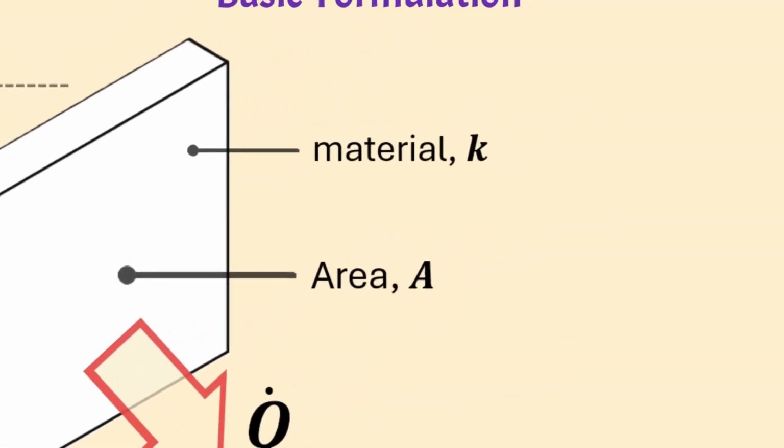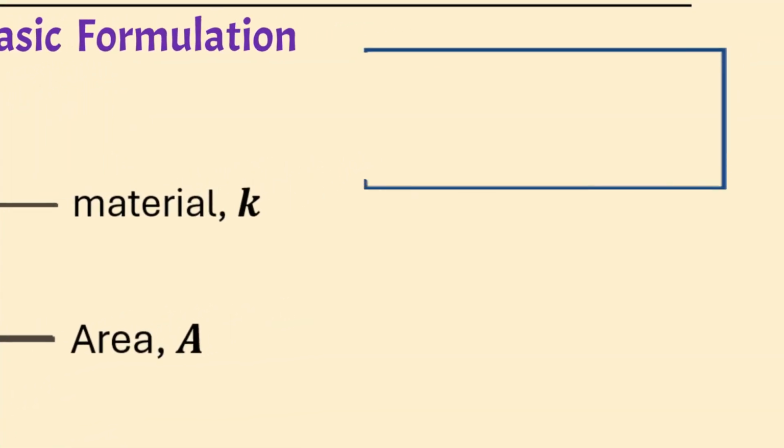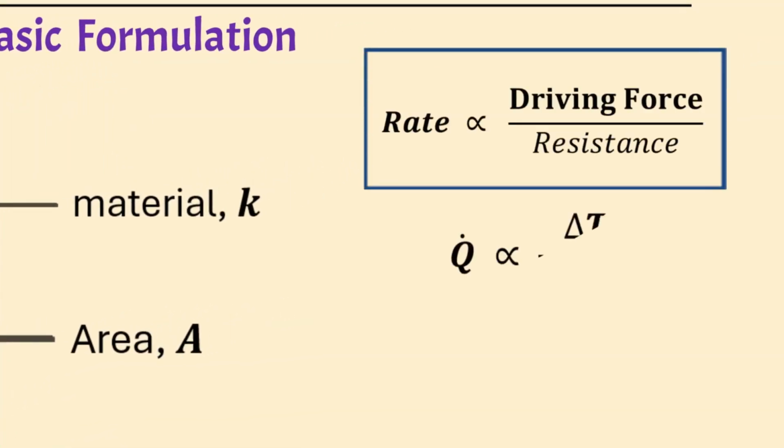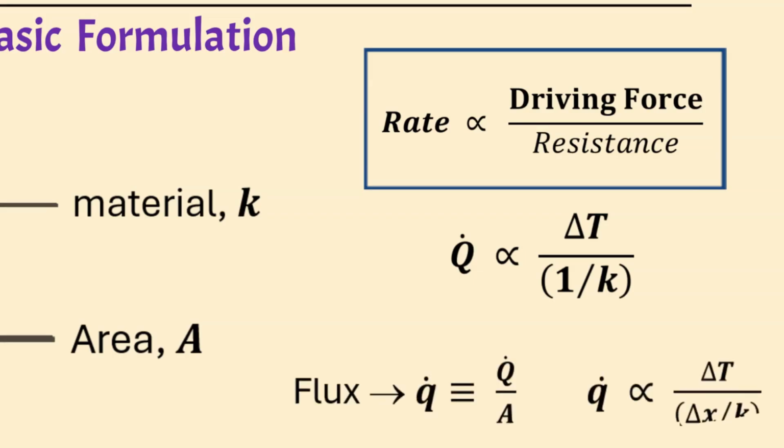Using the general rate relation from before, we note heat flow is proportional to the temperature difference and the conductivity. We also need to account for the effect of area. Normalizing the heat flow by the area over which it flows results in a quantity called flux, little q dot.